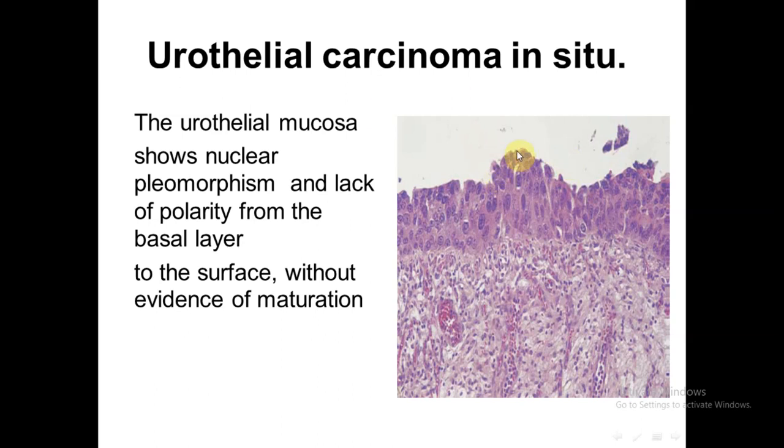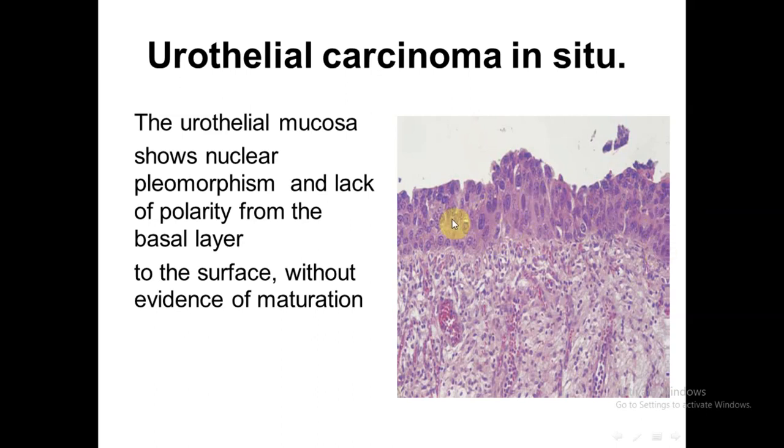Here the umbrella cells are lost, and multiple mitotic figures are present. The cells lack polarity, lack maturation, and lack their normal orientation, which should be perpendicular to the basement membrane. Here all of that is lost.